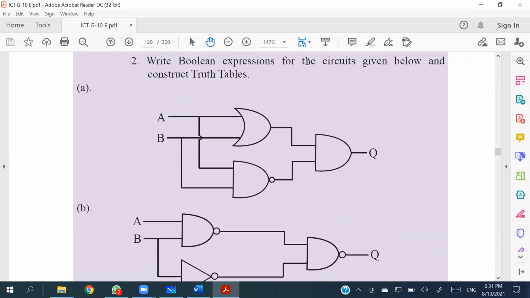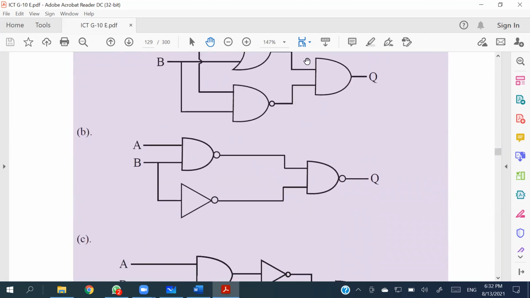They're asking you to construct the truth table as well. But for the moment, you don't know how to do that. Just take the output of these circuits for A, B, and C.